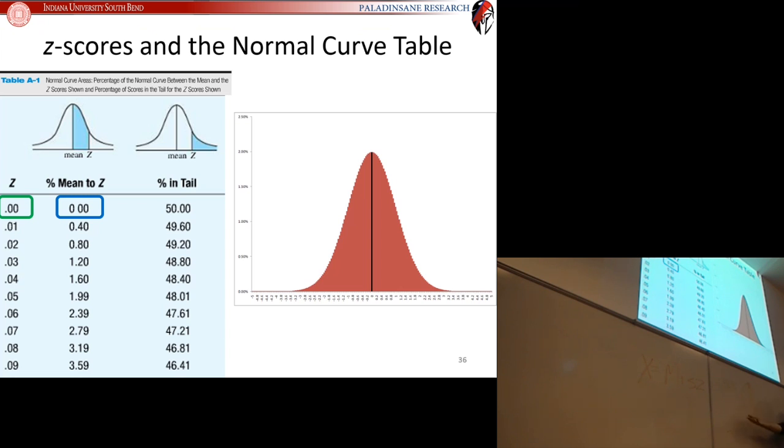It's the same on the positive side as it is on the negative side. So rather than just duplicating all this information, we're only going to have the positive side. So if you ever end up with a negative z-score, or if you need to do calculations with a negative z-score, what you want to do is draw out your distribution, draw the area that you're interested in.